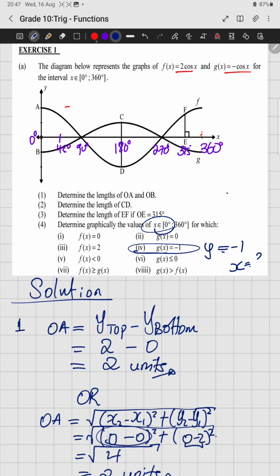That means we're not going to focus from this point going up, because the y values above 0 are positive, but we need the portion from 0 going down, because the y values there are negative, and also from this portion going down, which is y is also negative. So these are the two parts that we are looking for, the first portion here and the second part over there, because the y there is -1.